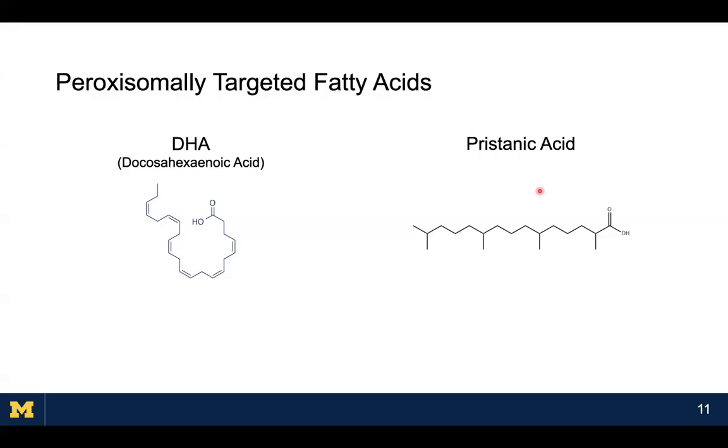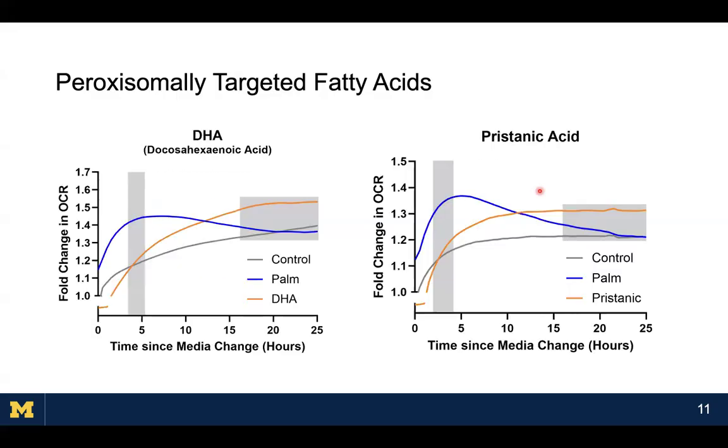And when we run these compared to palmitate on Recipher, the results look like this. So at this early time point, the peroxisomally targeted fatty acids, both of these, are really low, much closer to the control. Their OCAR rises much more slowly, but at this mid time point, about 10 to 15 hours, it crosses above palmitate and plateaus at this higher OCAR for a long period of time, much longer than this 25 hours that I have here.